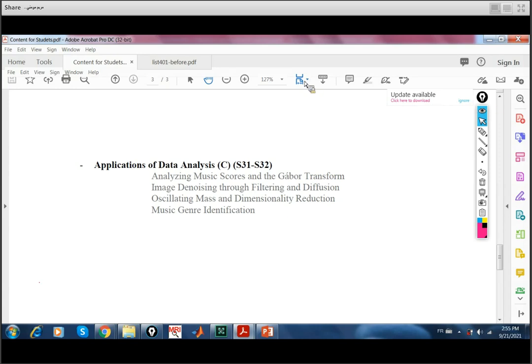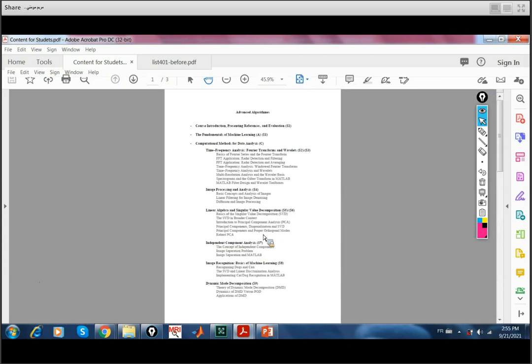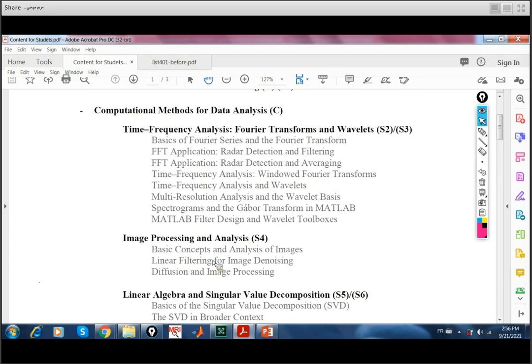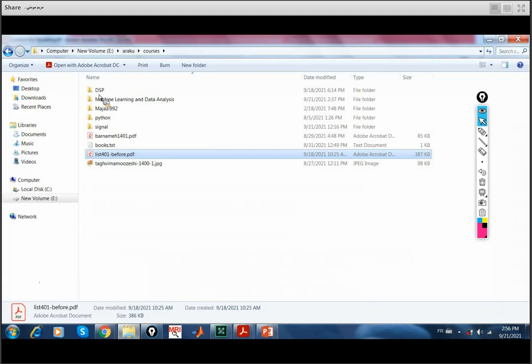Okay, and another thing in this file, if you pay attention, I write in parentheses, for example, A, C. A is the reference that I named A. For example, here, these are your references.